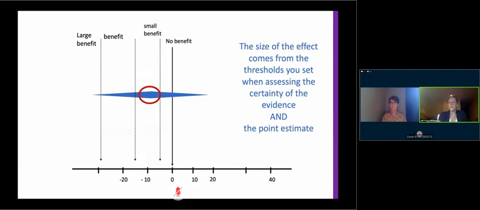So if you were to make this threshold, you would say, okay, a change of -4 is my benefit. Anything greater than -4 is going to be my large benefit. And I could say at -2 that it would be my small benefit. And then anything less than 2 is actually no benefit at all. Great, yeah. And there is literature, right? So you should be going back to the literature and making that decision based on the literature.